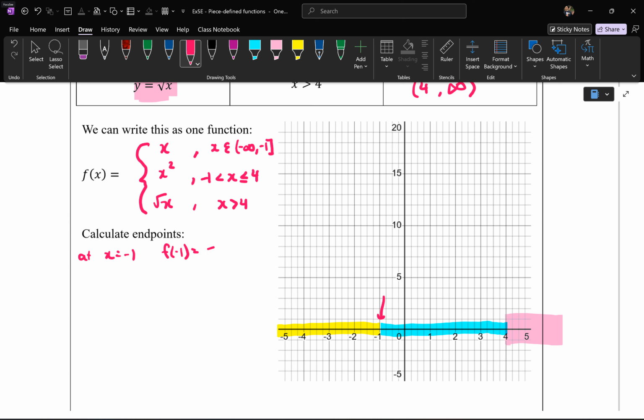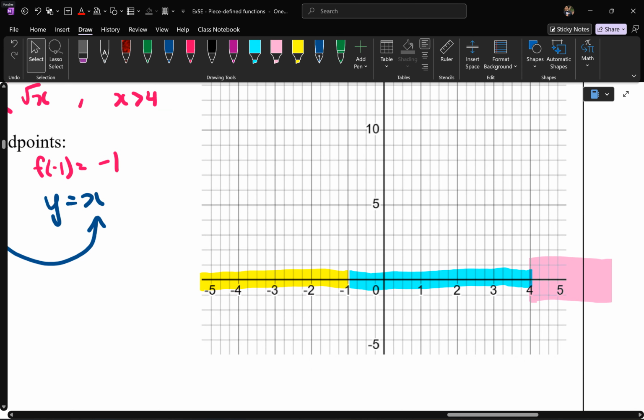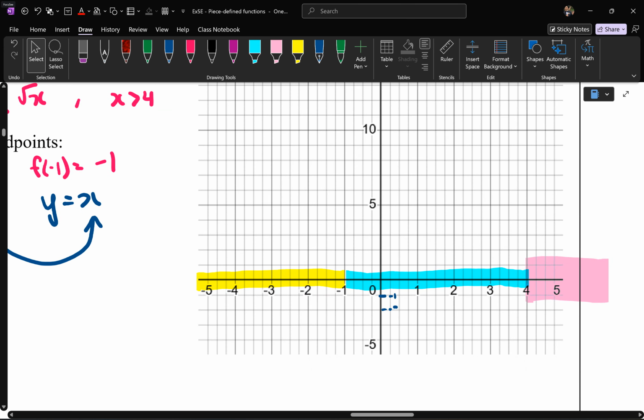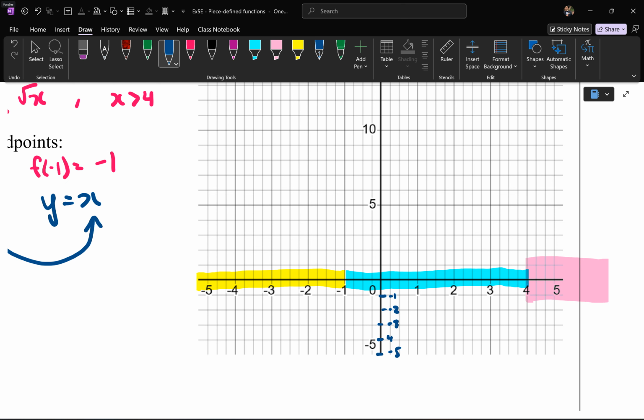For those who are used to seeing y equals x, all I did was say if x equals negative 1, sub it in. And so it means that at x equals negative 1, the y value is also negative 1. So where's that? Let's have a look on the axis. That's negative 1, negative 2, negative 3, negative 4, and then negative 5 there. Okay, so negative 1 must be right here.